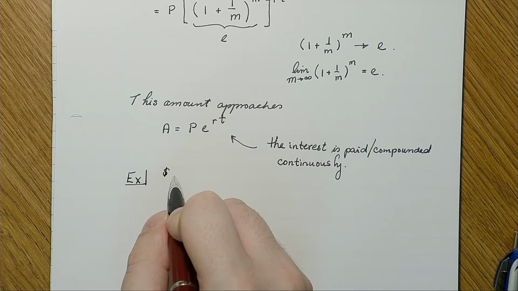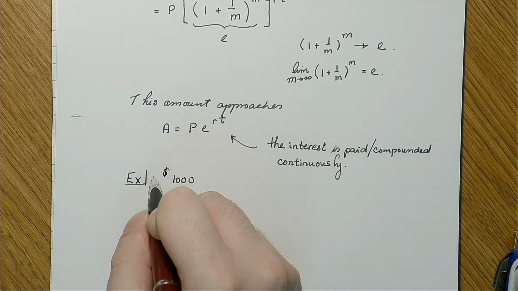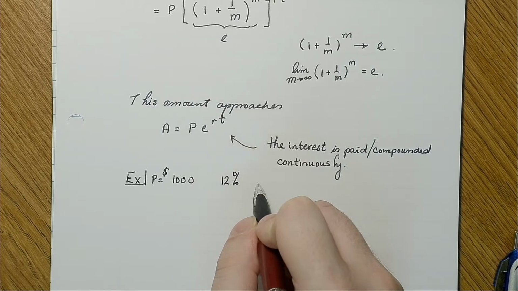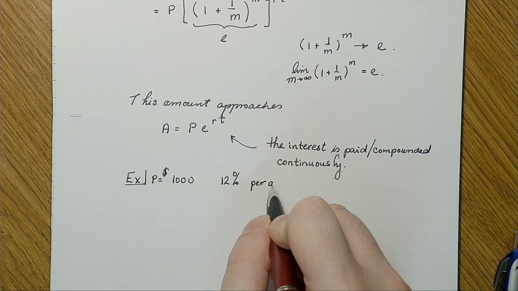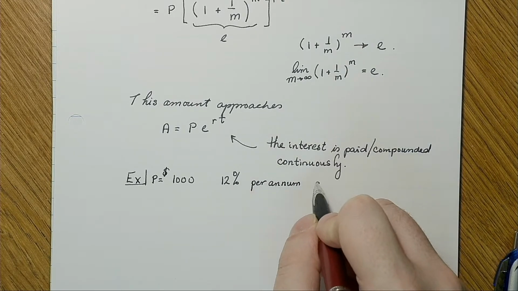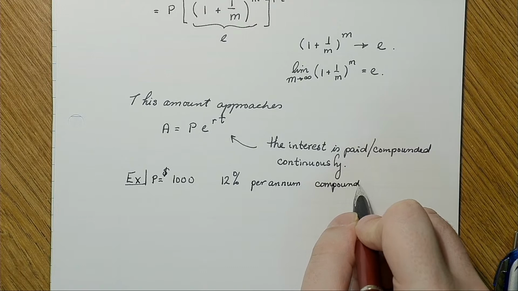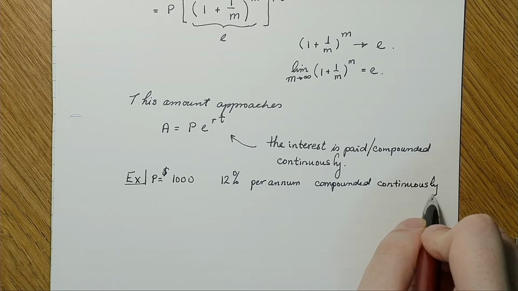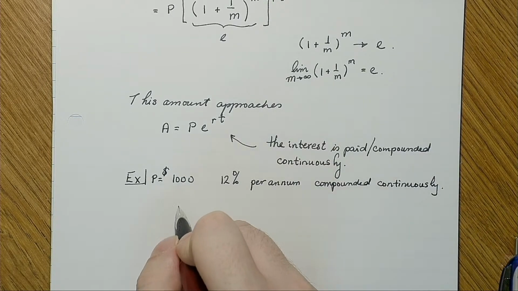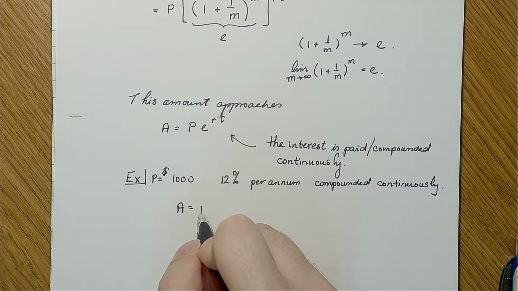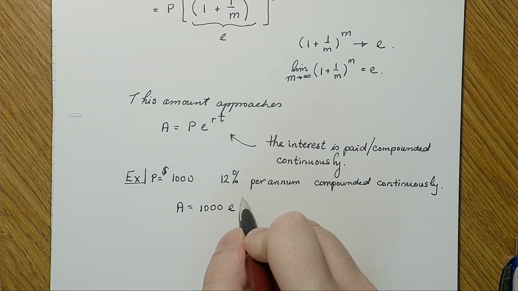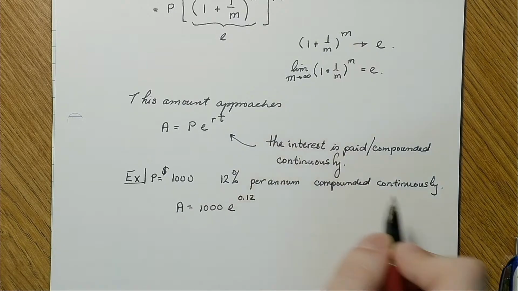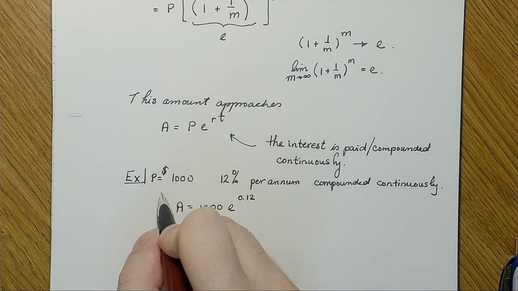Again, if I had that same $1,000, this is the principal, and I invested it at a rate of 12% per annum, and it's compounded continuously, well, that means that I can use this formula, the 1,000 times e to the 0.12 times, oh, and I need to say how many years I'm going to do this for.